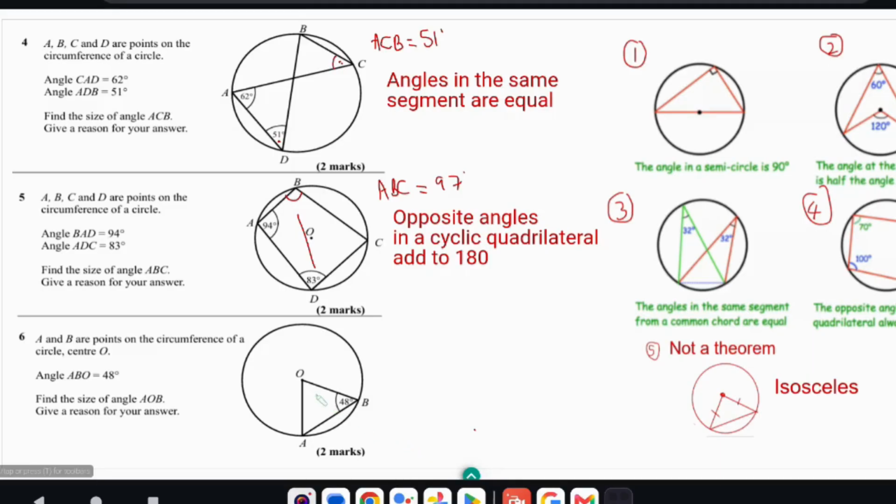And question 6. You want AOB? Okay. We haven't got a diameter, not 1. There's no arrow, not 2. No bow, not 3. No quadrilateral. This is not a theorem. We've got our isosceles triangle. Find AOB, give a reason for your answer. So we can write AOB is isosceles.